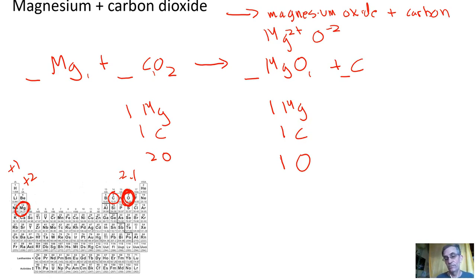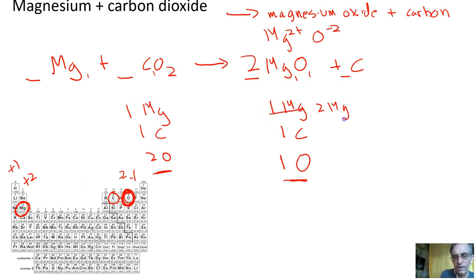All right, so what we're going to do next is, anything that's not matching up, we got to fix it. So my problem right now, it looks like to me, is with oxygen. There's 2 on the left and only 1 on the right. So how am I going to get oxygen to balance? I think I need to put a 2 right here. That 2 would double everything in that formula. So it would be 2 times 1, 2 magnesiums.